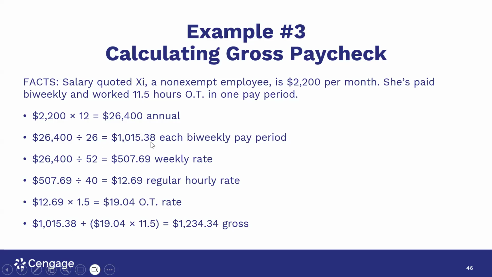So that's the regular pay for 2 weeks, 1,015.38, or 507.69 per week, which is 12.69 an hour. So the overtime rate is 19.04 times 11.5 overtime hours plus 1,015.38, which is $1,234.34 gross pay.